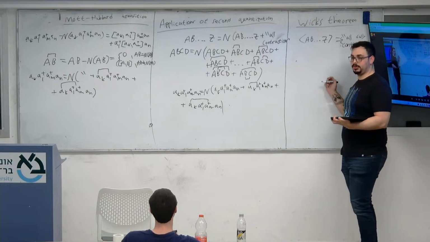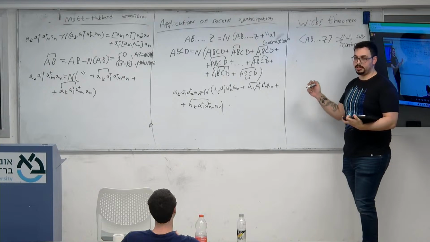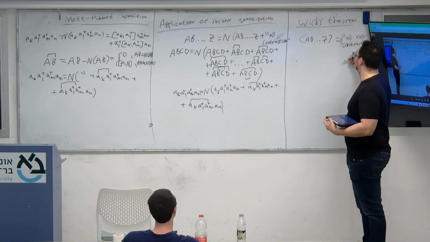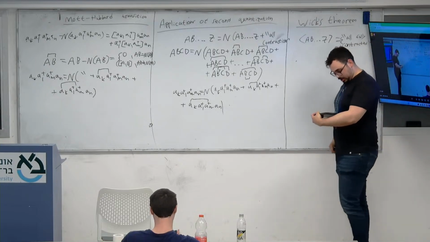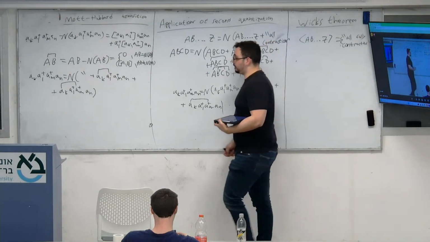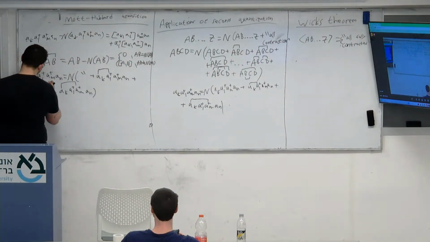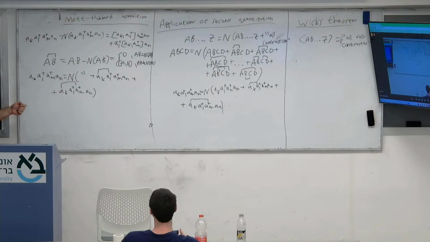For each fully contracted term that isn't equal to zero, we add another one. For example, if you want to find the expectation value of this operator, it would be 0, because it doesn't have any fully contracted terms.